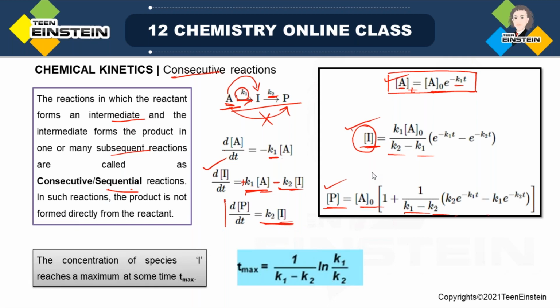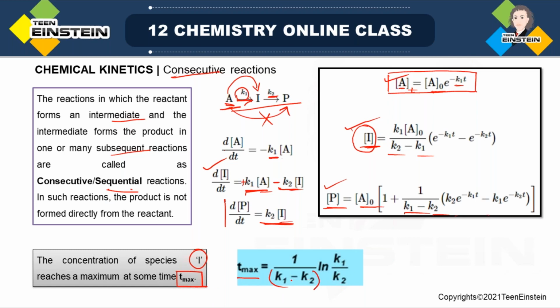Now there will be a particular time which we are calling T max. This is the time where the concentration of the intermediate will be maximum. The expression for T max will be 1 by (K1 minus K2) ln K1 by K2.